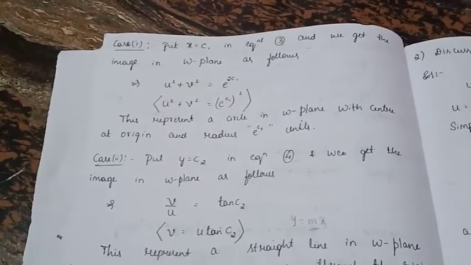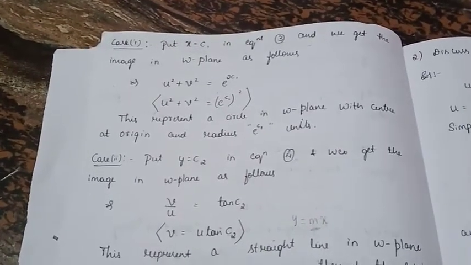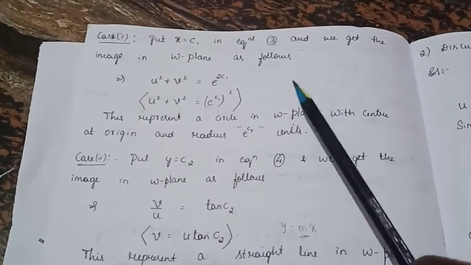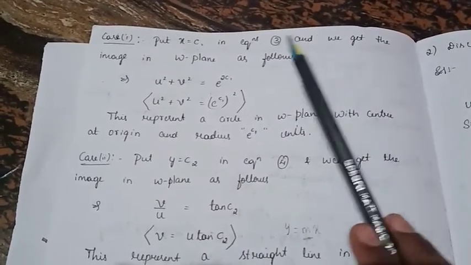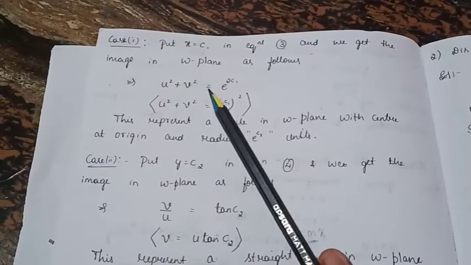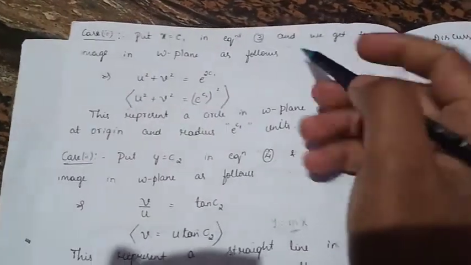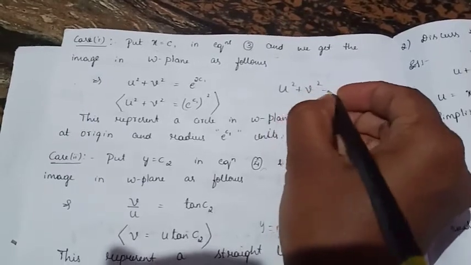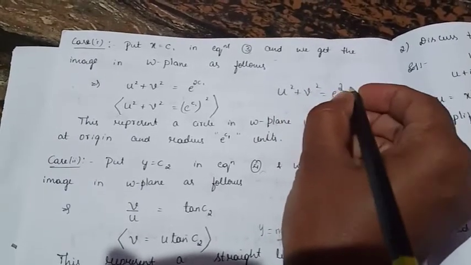So I am considering two cases here. First case, x is equal to c1, second case, y is equal to c2. In the first case, x is equal to c1, in equation number 3, because in 3 y is eliminated. Equation number 3 is u square plus v square is equal to e power of 2x.